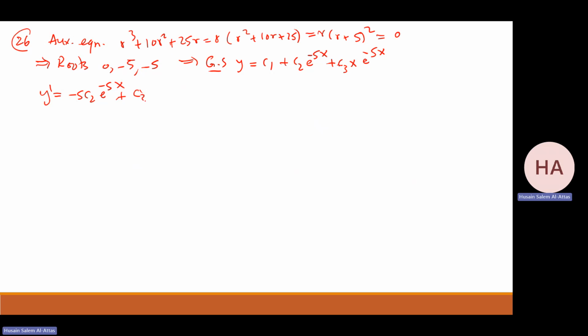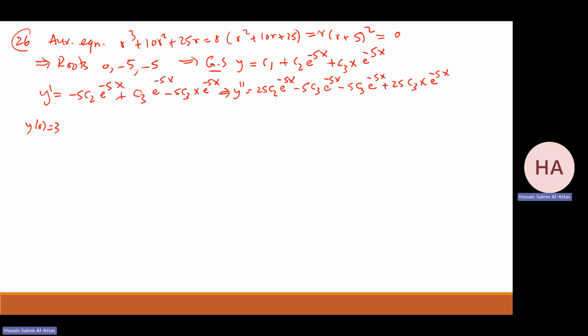This is plus c3 e^(-5x) minus 5c3 x e^(-5x). Y double prime will be 25c2 e^(-5x) minus 5c3 e^(-5x) minus 5c3 e^(-5x) plus 25c3 x e^(-5x). Product rule, you can do all of these things.